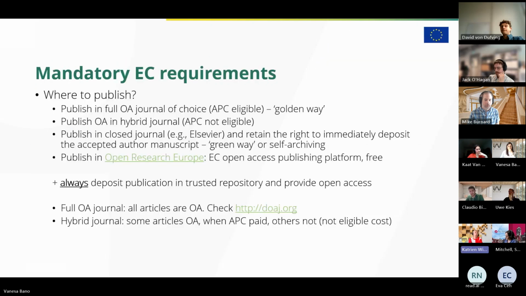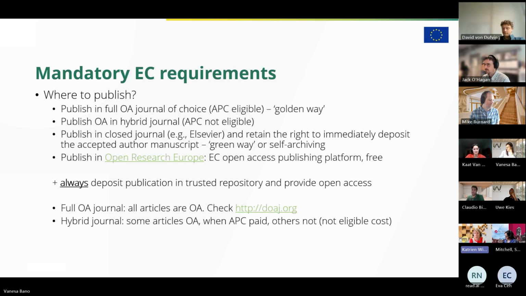So where can you publish to be in order with those open access requirements? There are several options. You can publish in a full open access journal of your choice, and in many cases you will have to pay an article processing charge then. This is also called the Golden Way.